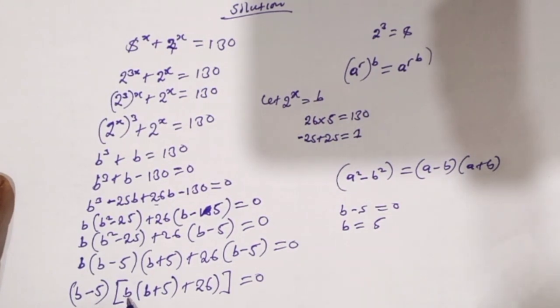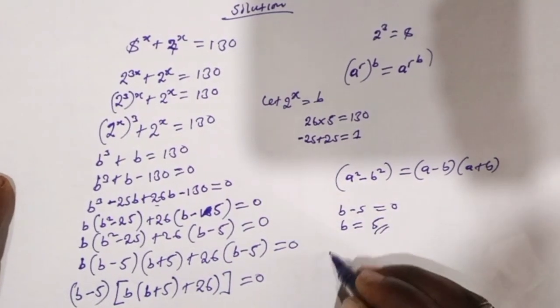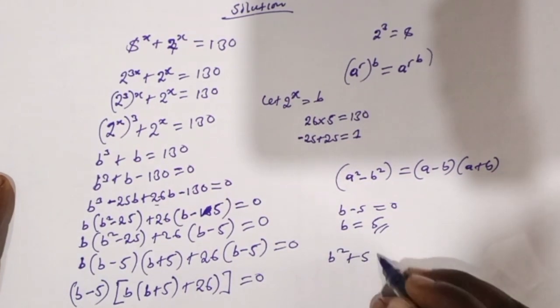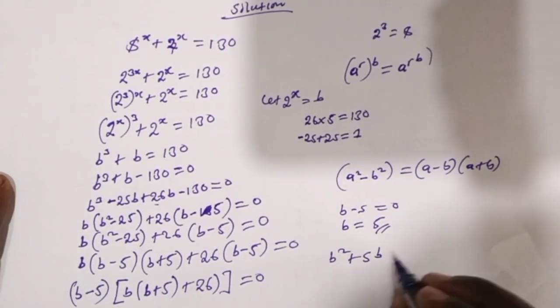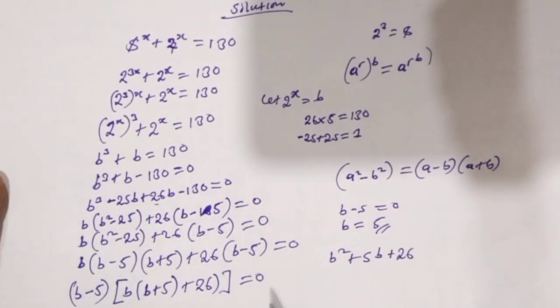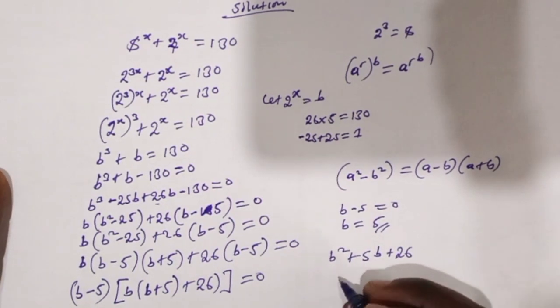We are going to expand this: b times b is b squared, then b times 5 is plus 5b, then plus 26. So this is a quadratic equation now. To solve it, let's use the discriminant, which tests whether the quadratic equation has real or non-real roots.